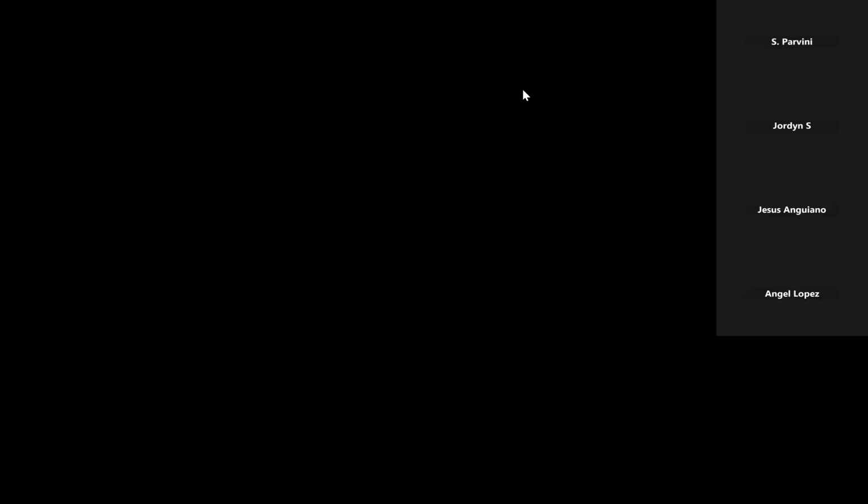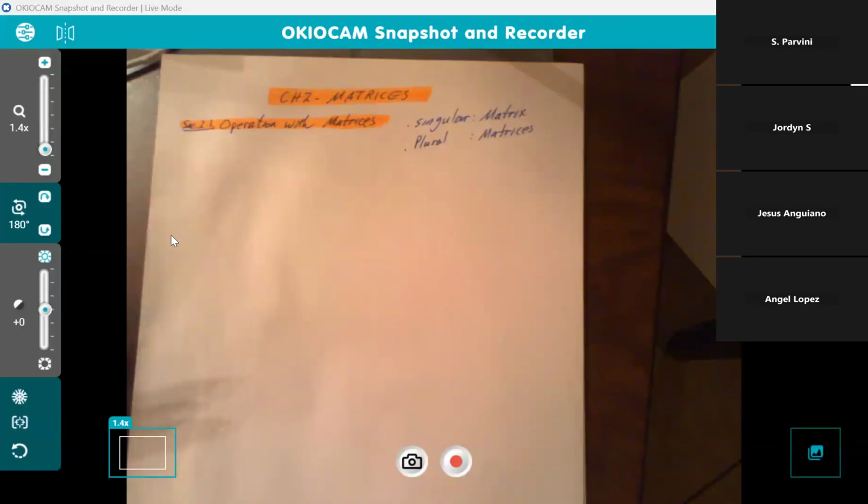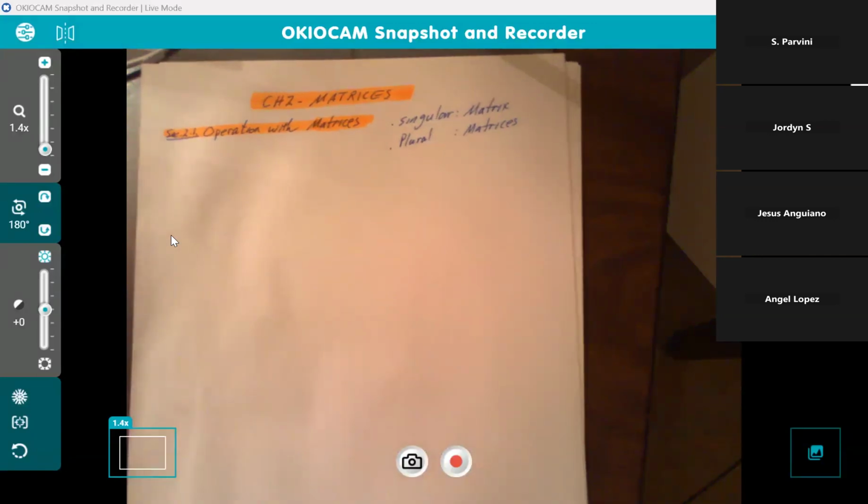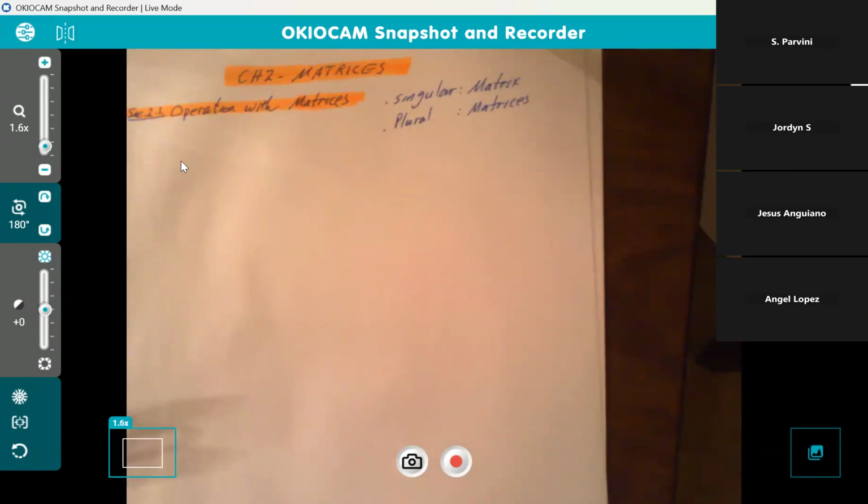So what are we doing in this chapter? We're going to see how we can work with these matrices. So for instance, is it possible to add them? Is it possible to subtract them, multiply them, and so forth? Now, the major operations that we do with numbers. So for example, with numbers, we can add, we can subtract, we can multiply, we can divide and all that.